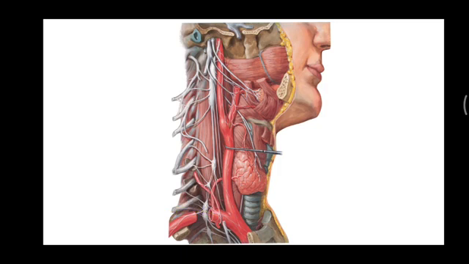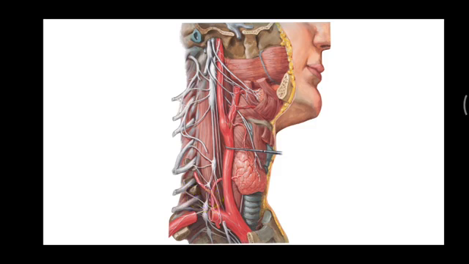Initially, the number of the sympathetic ganglia corresponds with the number of the spinal nerves, but later the upper four cervical ganglia fuse to form the superior cervical ganglion. The fifth and sixth cervical ganglia fuse to form the middle cervical ganglion, and the seventh and eighth cervical ganglia join to form the inferior cervical ganglion.